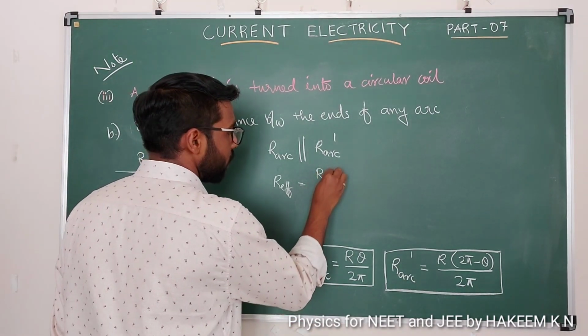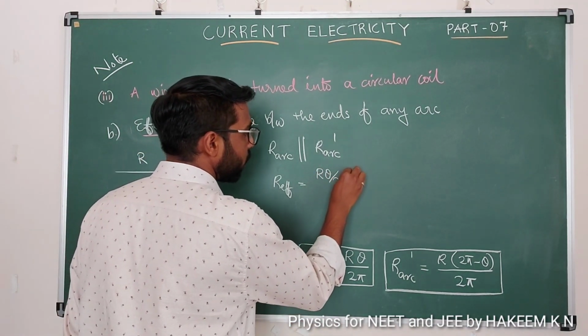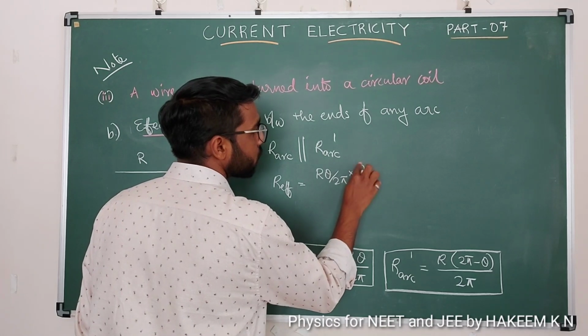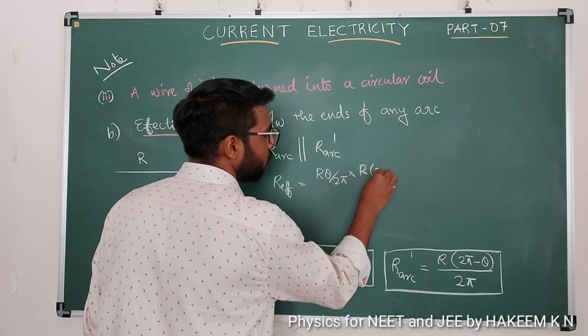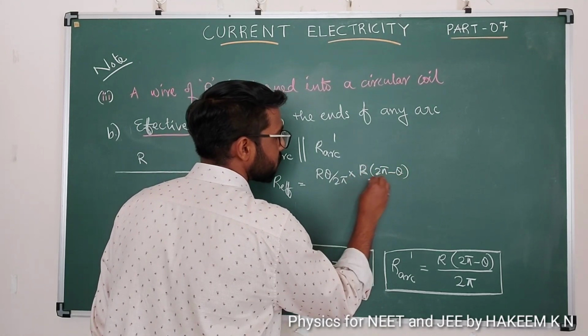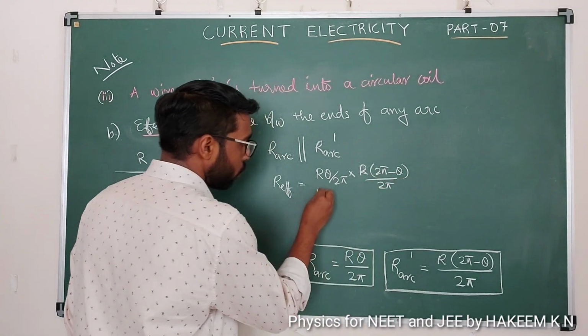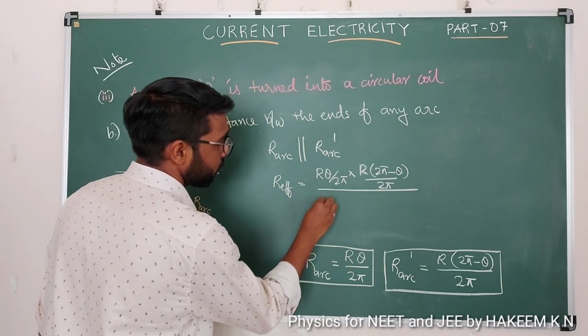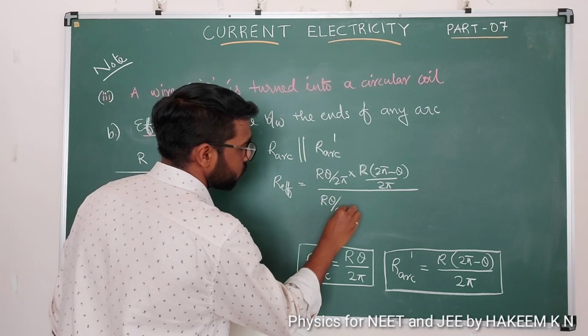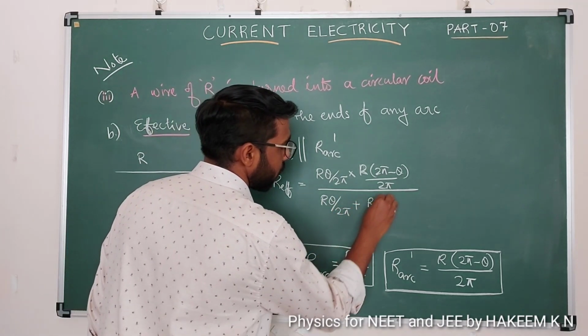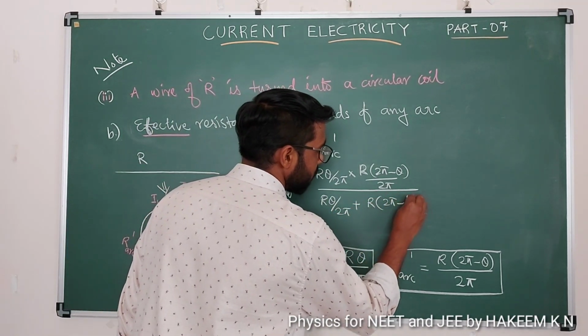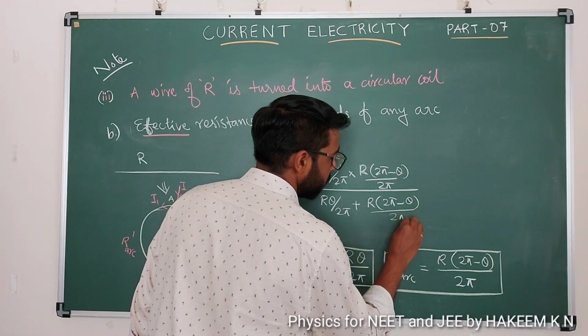That means R theta by 2 pi into R into 2 pi minus theta by 2 pi, all divided by R theta by 2 pi plus R into 2 pi minus theta divided by 2 pi.